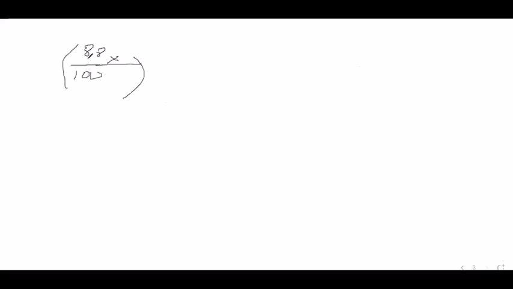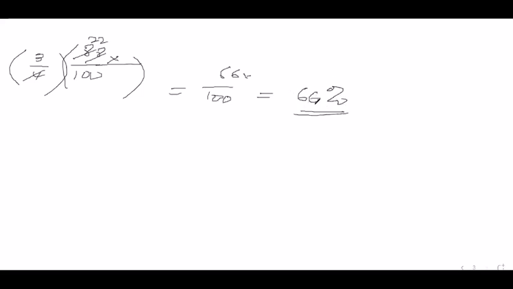So you're paying 75% of the amount, which is 3/4. So it's 3/4 of this amount, and that is the final amount that you will pay. You will see here that 4 goes into 88 22 times. 22 times 3 is 66. So it's 66X over 100. So you can see you are paying 66% of what the original price was. So if that is the actual purchase price, the discount will be 34%.